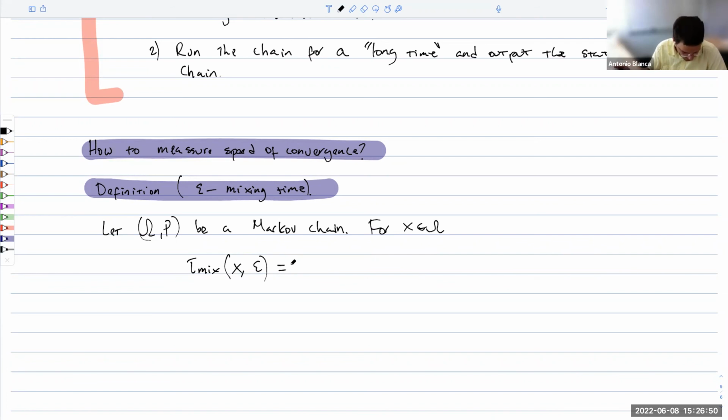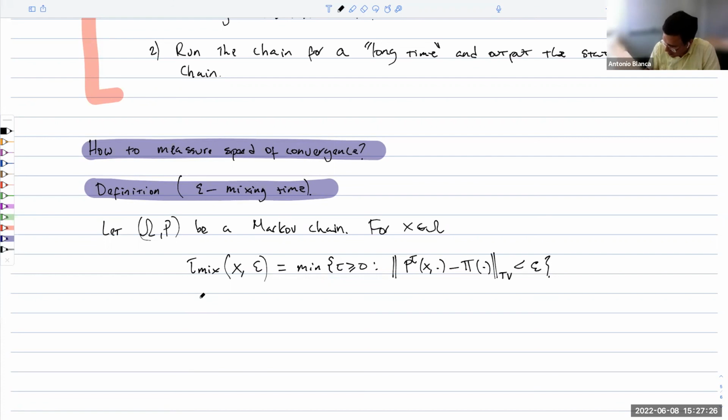This is the minimum T such that the distance, in some way of measuring distance, between the distribution of the chain and the stationary distribution, where we know that the chain is going, is below epsilon. So there is some notion of distance between the probability distribution of the chain starting from x and the stationary distribution. This is measured in a metric called total variation distance, which I will define now, and we say that this is less than epsilon. So this is the definition of the mixing time.